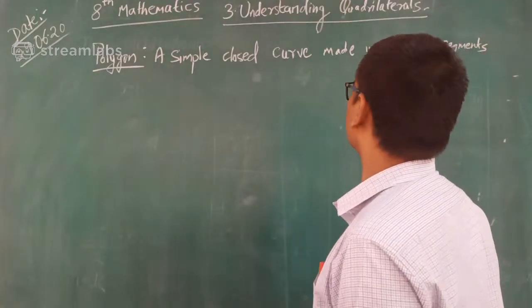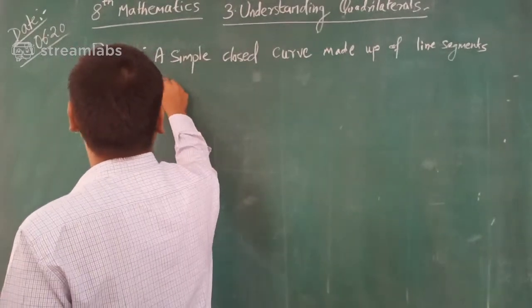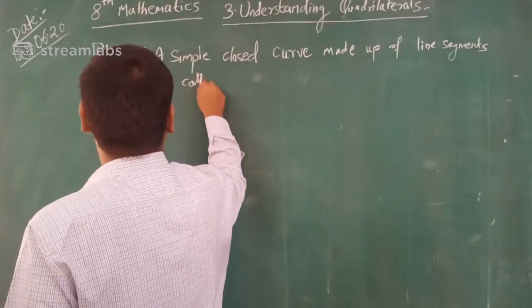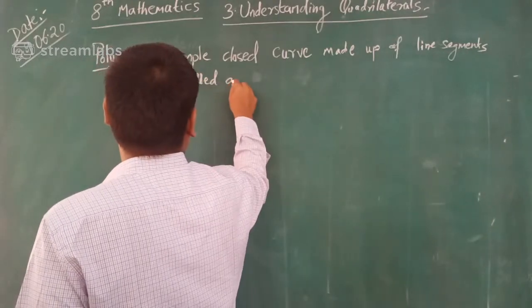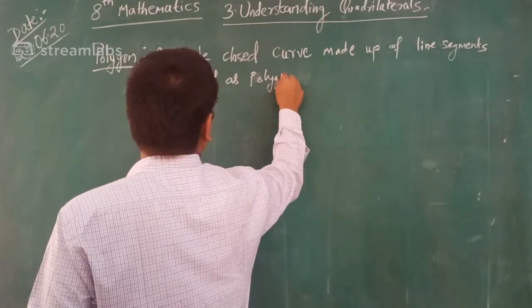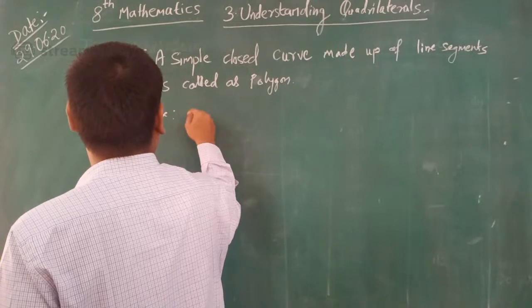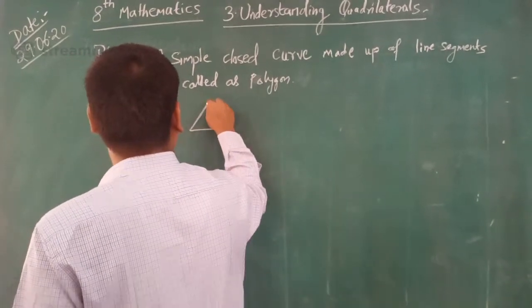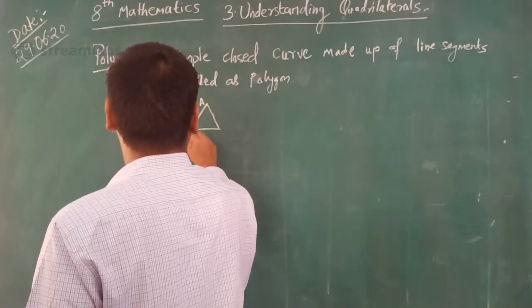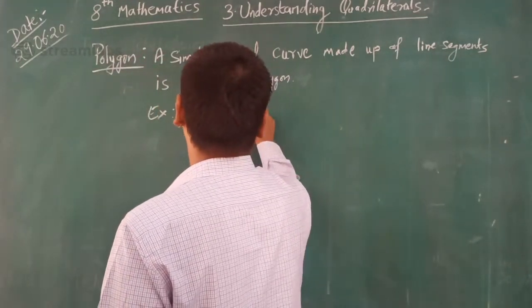A simple closed curve made up of only line segments is called a polygon. Example: triangle ABC is a polygon.